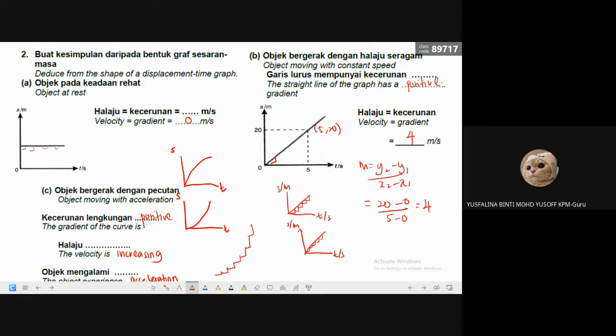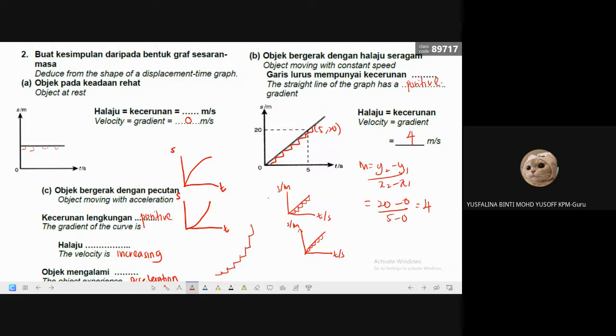If I draw the triangle here, you can see the size of the triangle is the same, it's uniform. If the size of the triangle is the same, the gradient is also the same, because the triangle represents the gradient.